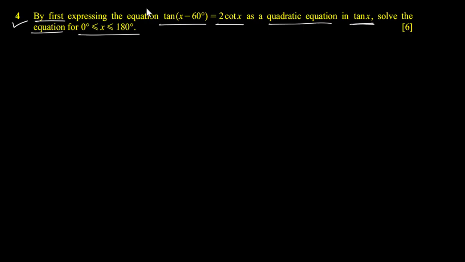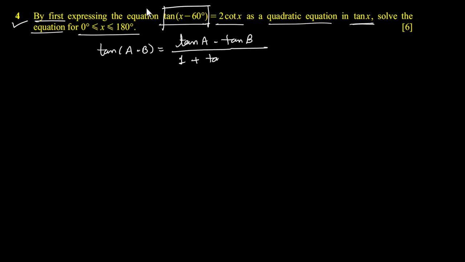So here we can see that we are going to simplify using the tan(a minus b) formula. We already know that tan(a minus b) is tan a minus tan b over 1 plus tan a into tan b, and in this case b is 60 degrees, so tan 60 degrees is root 3.